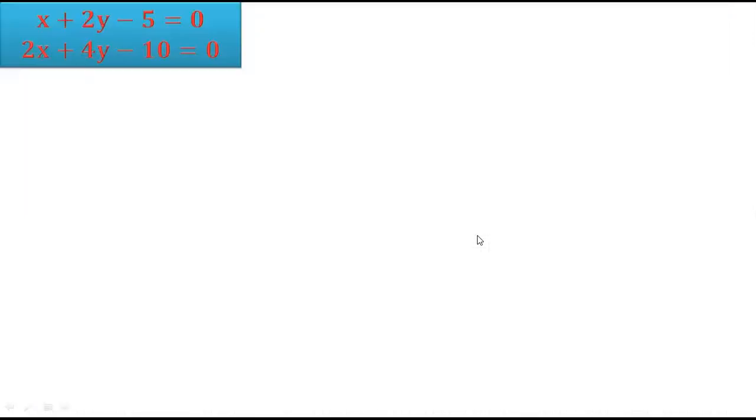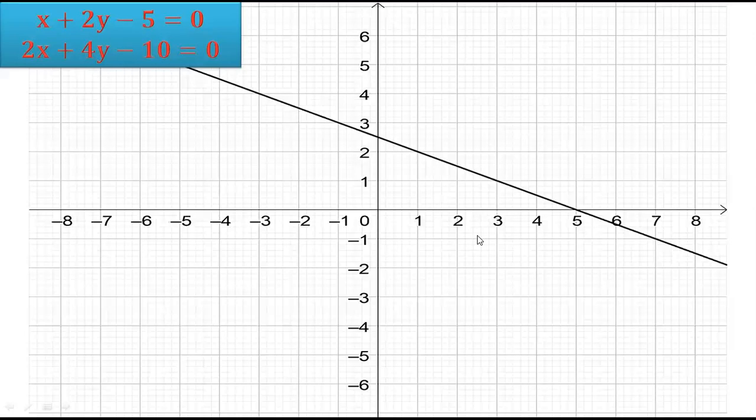See the second graph for the second equation. Here you are seeing only one line because one line coincides with the other. So you can't distinguish two lines. How many common points do the two lines have? There are many common points. This is a common point.